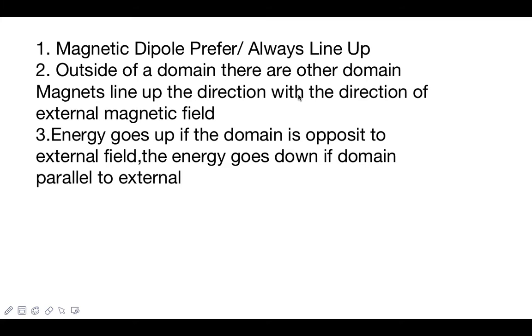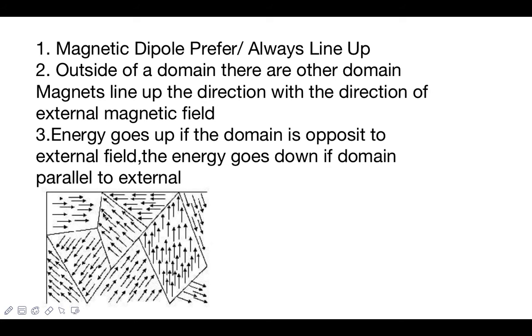Outside of a domain, there are other domains whose magnets line up with the direction of the external magnetic field. This is the electron spin of iron, suppose. If there were a magnetic field, it would get everything aligned in a single domain, a uniform direction. If we put a magnet over here, the orientation of the magnet will affect the orientation inside the metal.